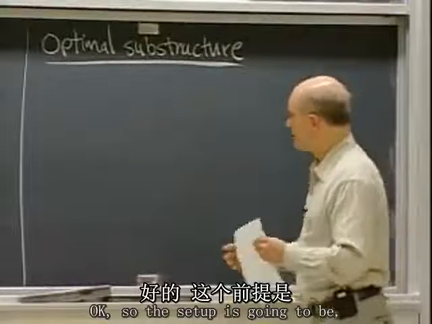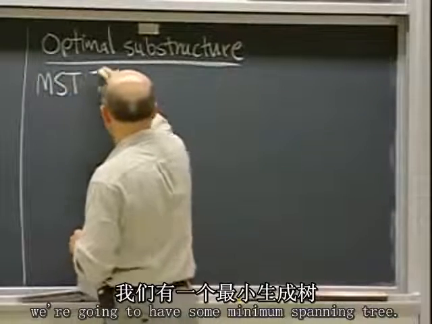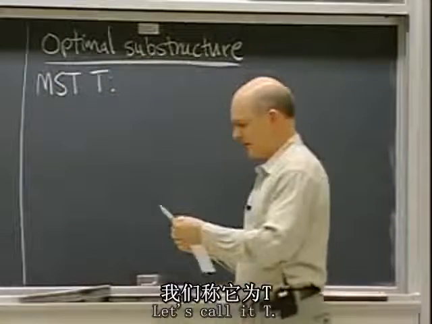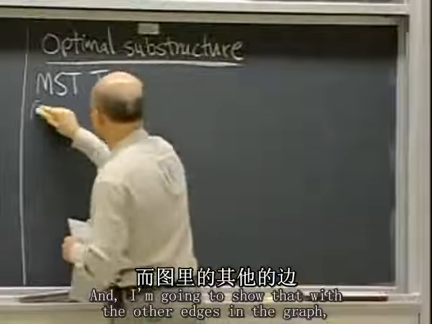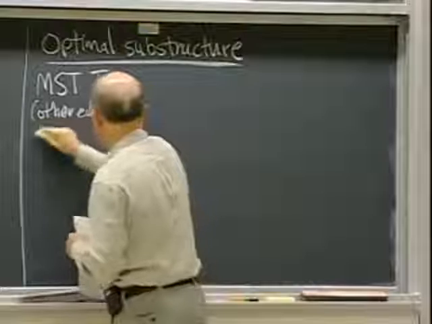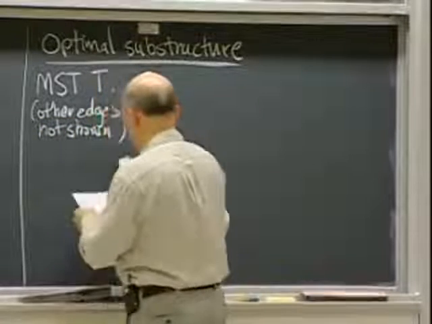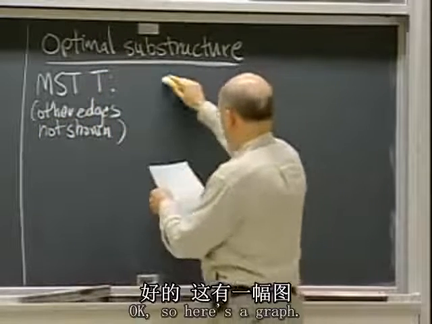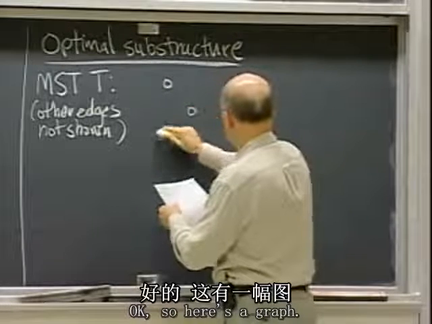Okay, so the setup is going to be we're going to have some minimum spanning tree, let's call it T. And I'm going to show that with the other edges in the graph not shown. Okay, so here's a graph.